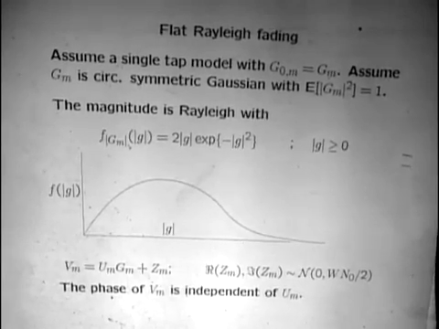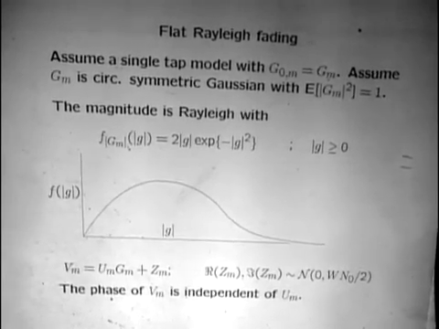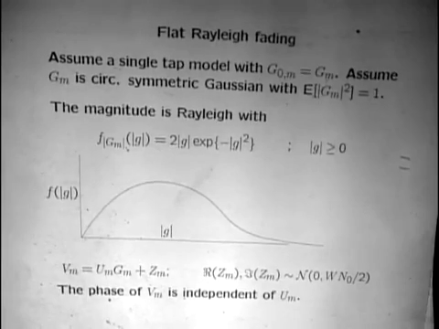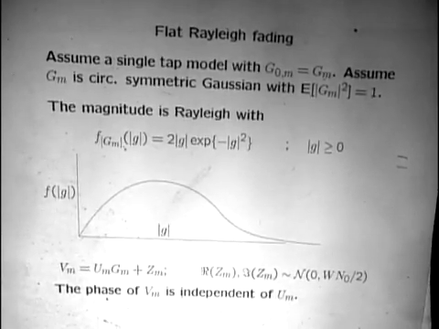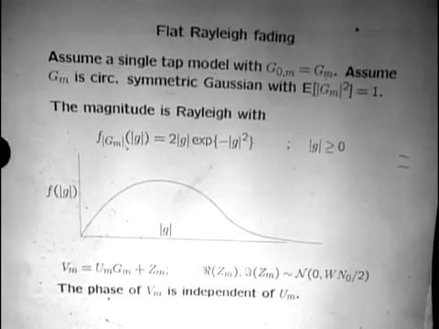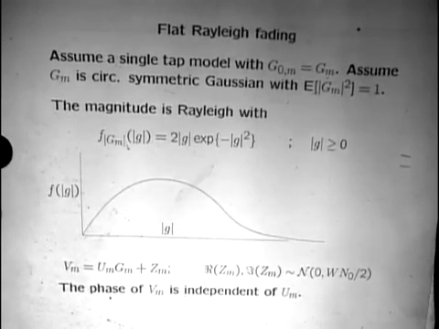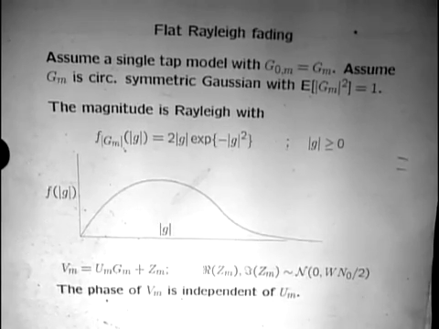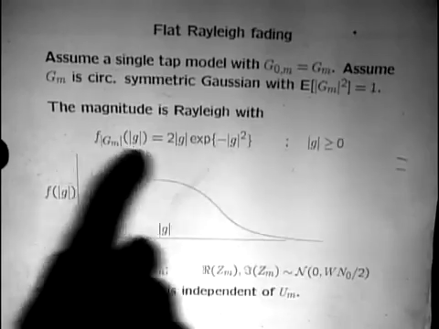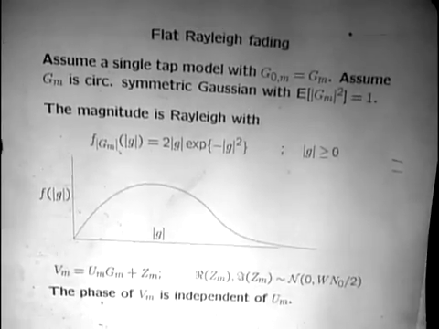When you have a complex Gaussian random variable, as you've seen in the problem sets, the energy in that complex Gaussian random variable is exponential, and the magnitude is the square root of the magnitude squared, namely the energy, and that has a Rayleigh distribution, which looks like this.